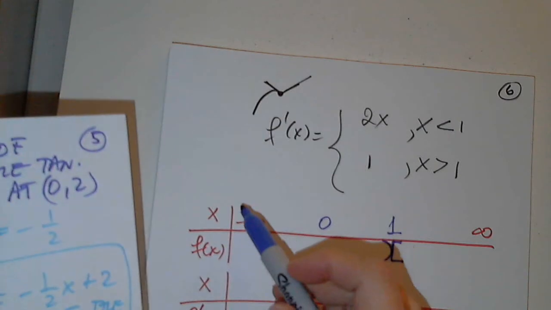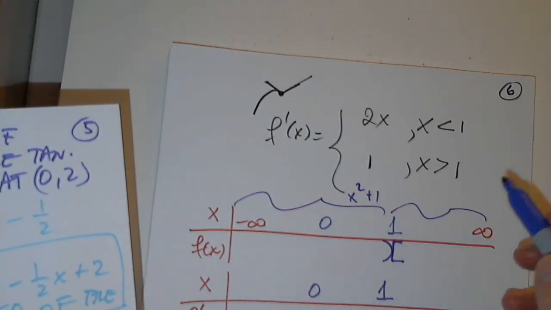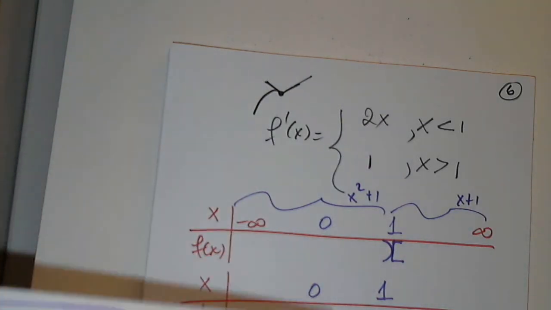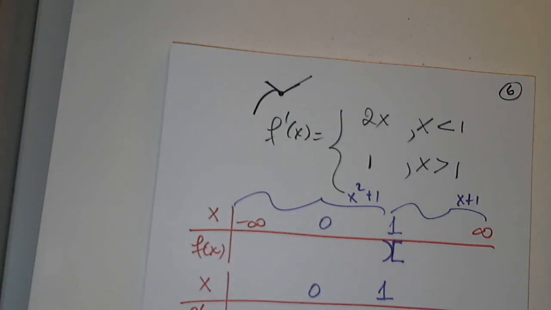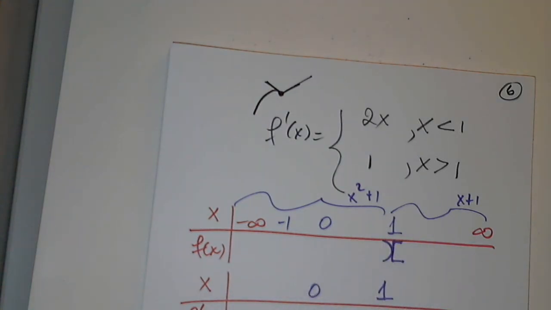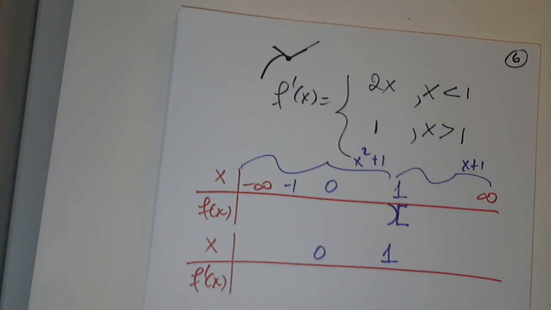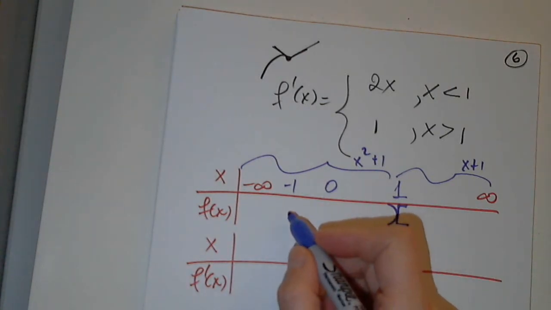Okay, so on this side, I know we have a quadratic function, and on this side we have a linear function. So let's plug in. I'm going to plug in -1, 0, and 1. So when you plug in -1 in x squared plus 1, what do you get? Still 2. Excellent.